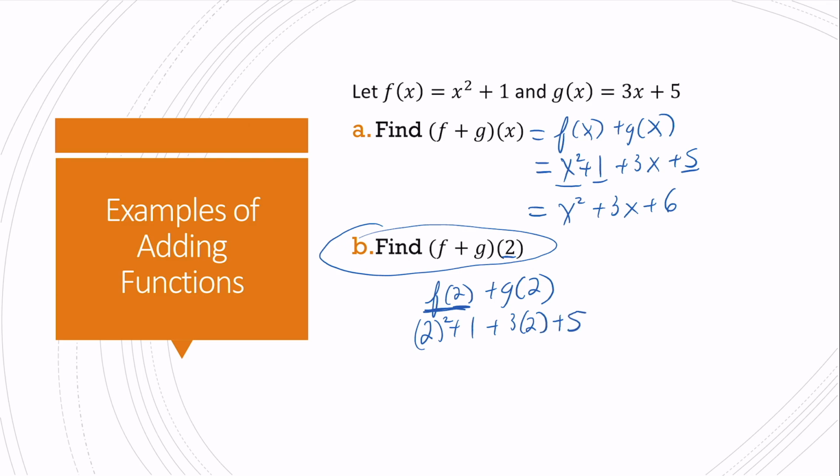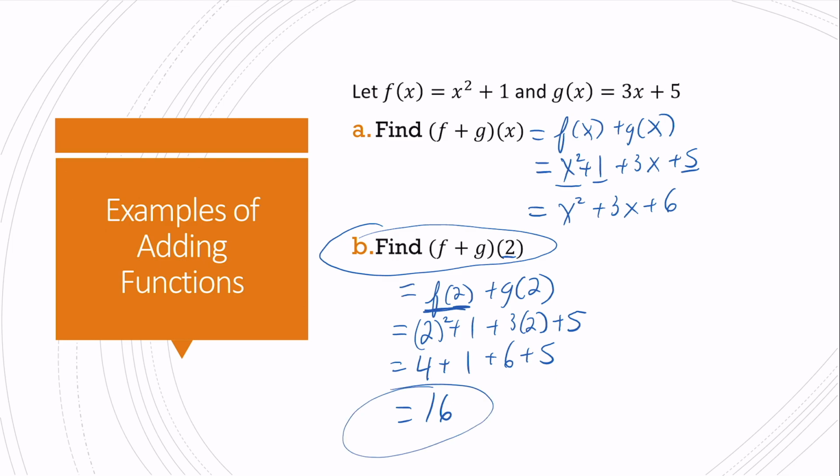In order to solve this, I'm going to follow my PEMDAS rules and add my constants together. So I'm going to have 4 plus 1 plus 6 plus 5. 4 plus 1 is 5, plus 6 is 11, plus 5 is 16. So that's one way to find this.